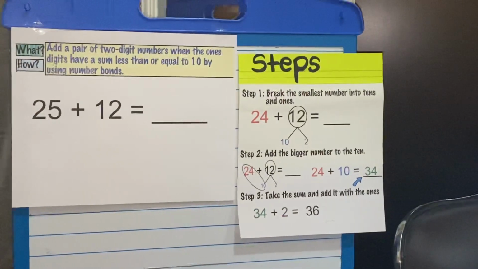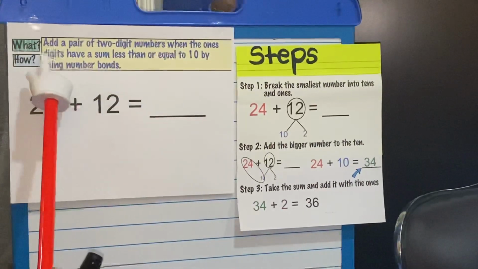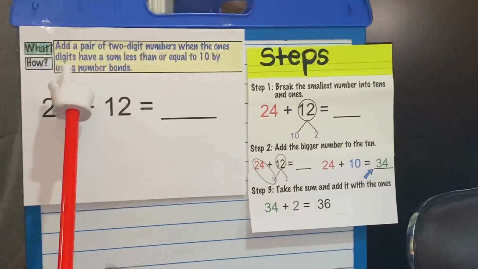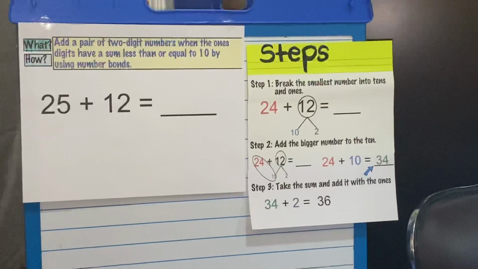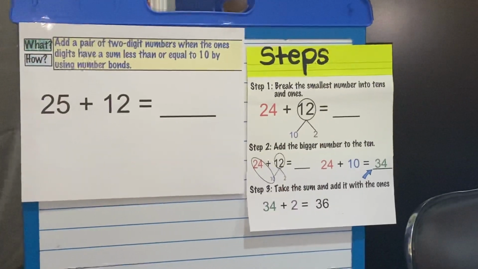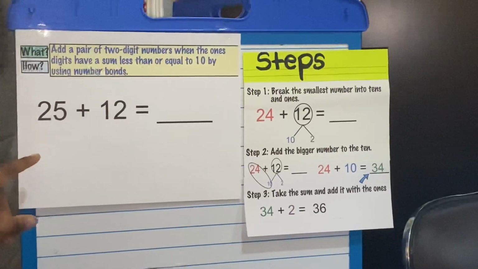Remember that we are adding two-digit numbers when the ones digits have a sum less than or equal to 10 by using a number bond. But before I use the number bond, I'm going to represent it using my manipulatives. So I have 25.